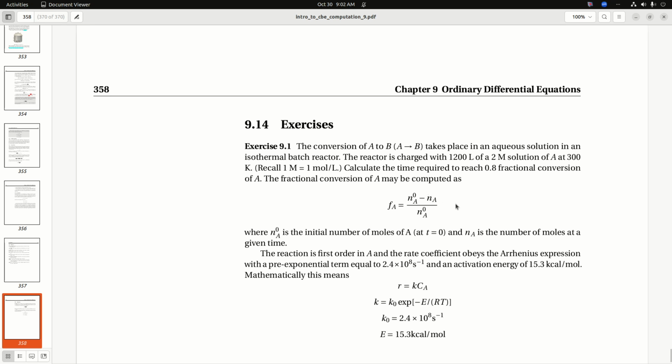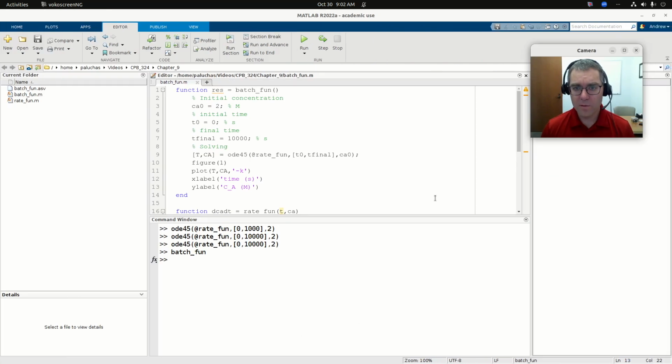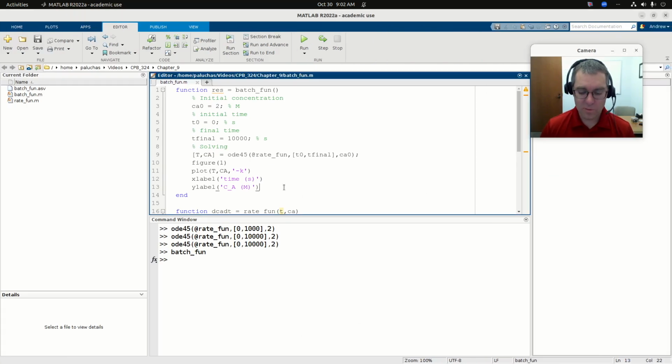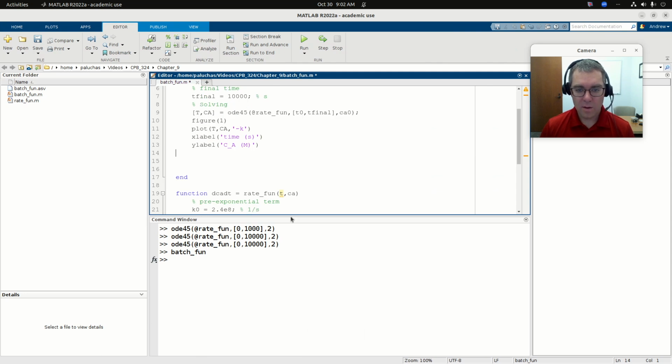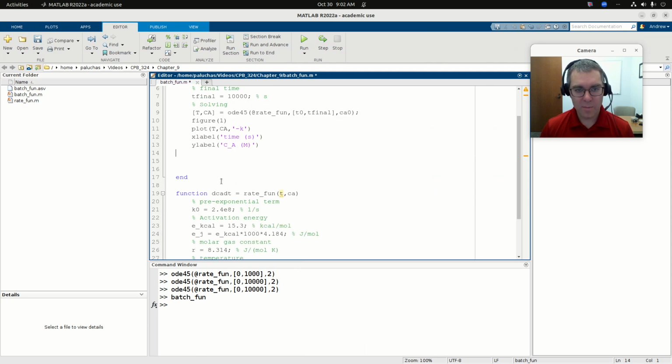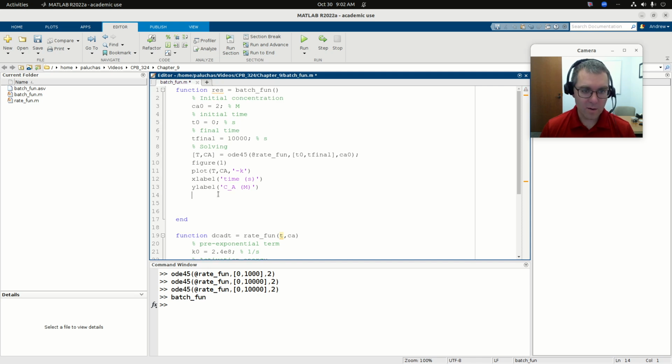So the difference is the moles that have been consumed in the reactor. We're looking at the moles of A consumed relative to the initial number of moles, so what fraction of my reactant A has been consumed. Some of this is going to be extra, but it's good practice.